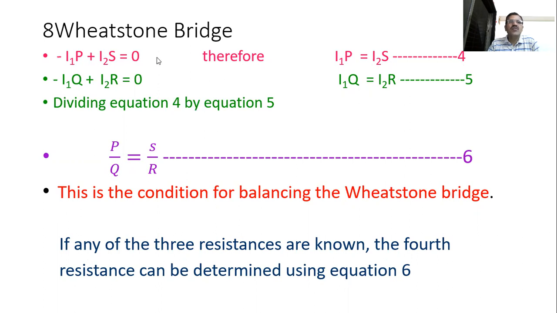If we take the negative term minus I1P to the other side of the equation, we get I1P is equal to I2S. This is equation 4.